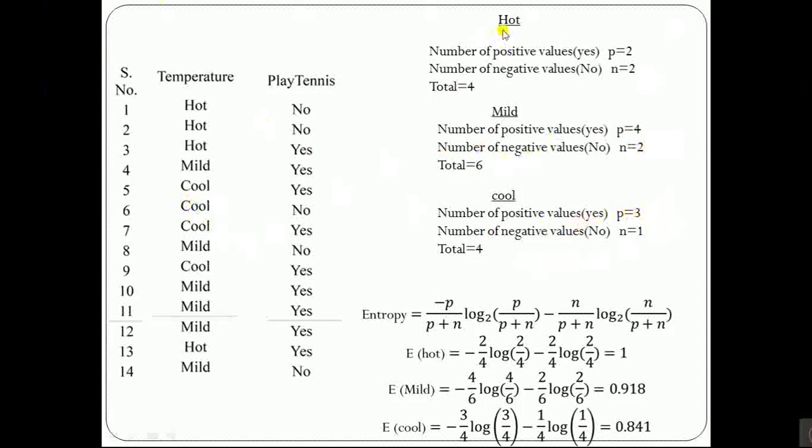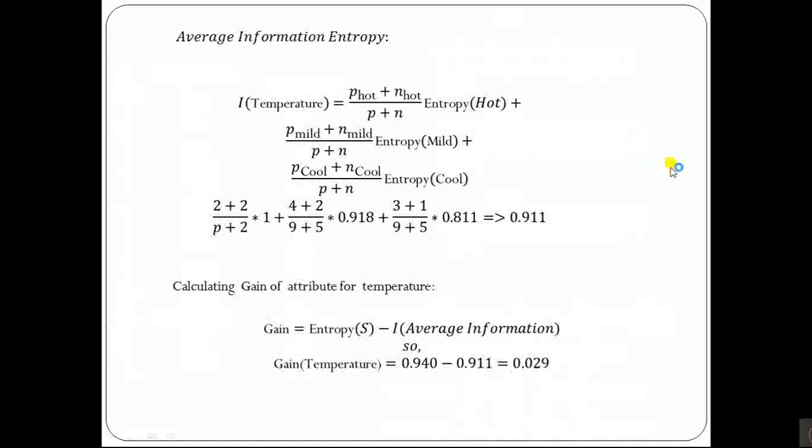Using hot, mild, cool, we can calculate entropy: for hot, the entropy is 1, for mild 0.918, for cool 0.841. For this also, we need to calculate the average information entropy. If I calculate, I get 0.911. Then the gain for the attribute temperature is 0.029.